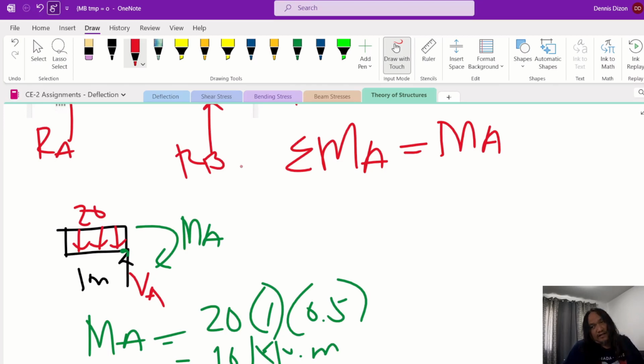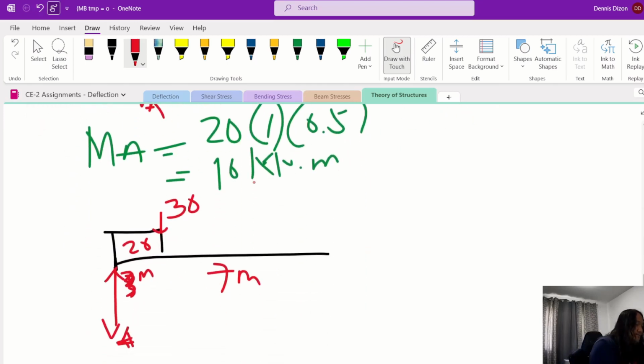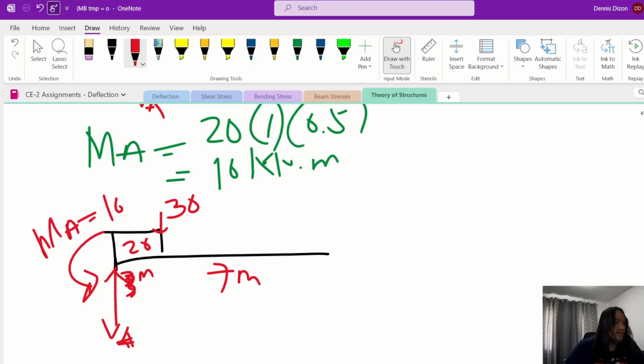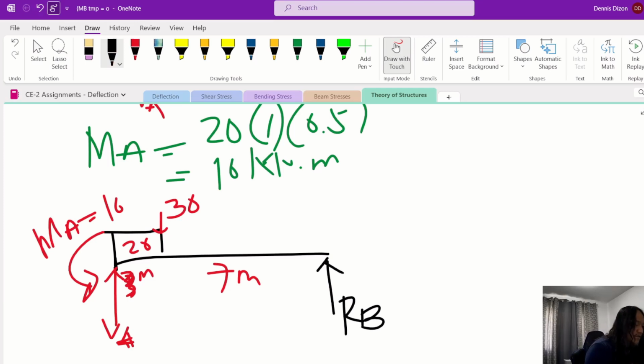When we consider the other side, this is our moment at A, which is equal to 10 kilonewton meter. And then we have our reaction at B going up, RB, and therefore summation of moments at A is equal to the moment at A, which is 10.